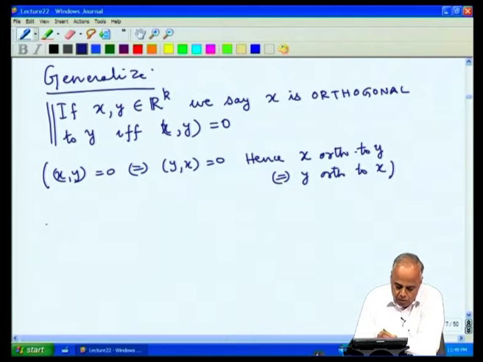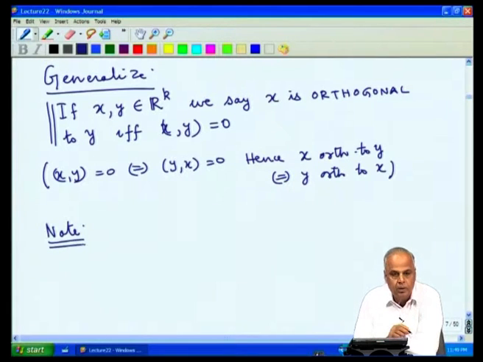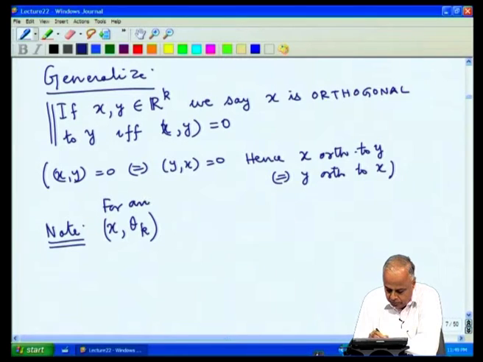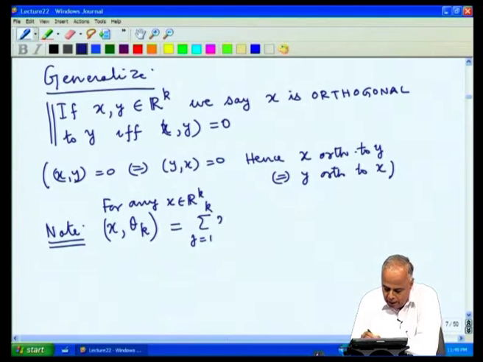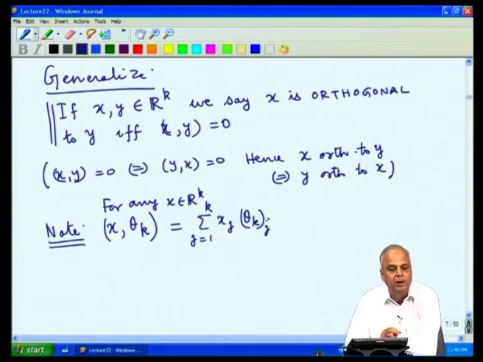Okay. So, now note ⟨x, θ_k⟩ for any x in R^k. What is ⟨x, θ_k⟩? We have to look at the sum over j equal to 1 to k of x_j and the jth component of θ_k multiplying.